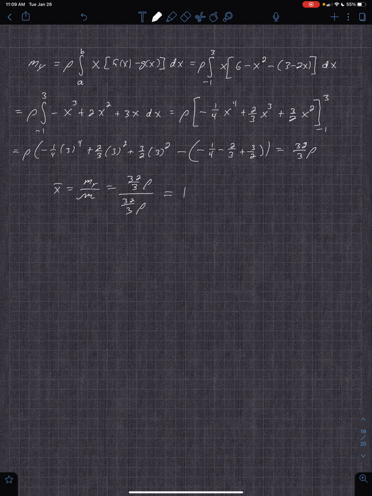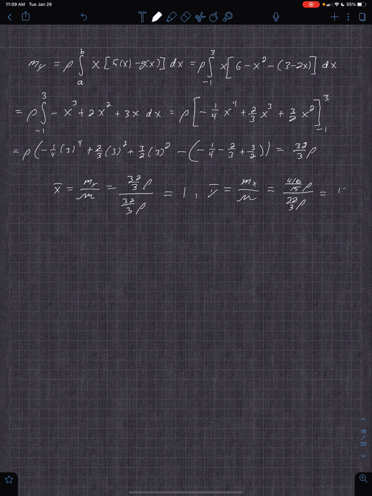So x bar is 1, y bar is not 1. Moment about x over mass is 416/15 rho over 32/3 rho.